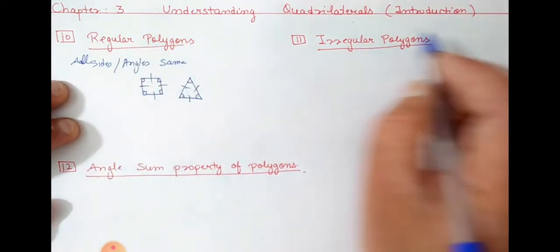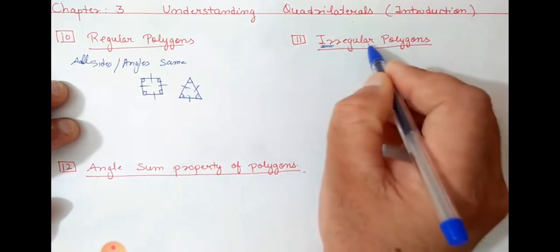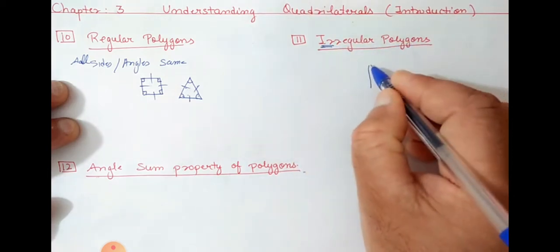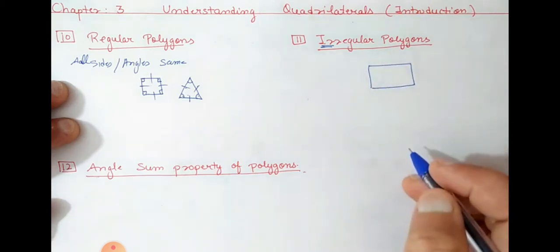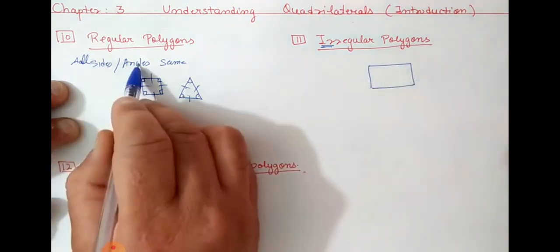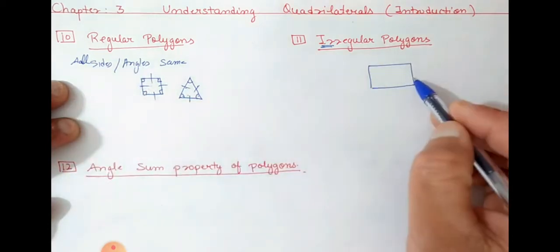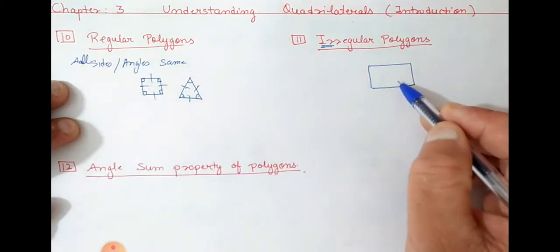Next, irregular polygons. In irregular polygons, not all sides are equal. Suppose, for example, a rectangle. Rectangle means opposite sides are equal. So that is one example of irregular polygons.